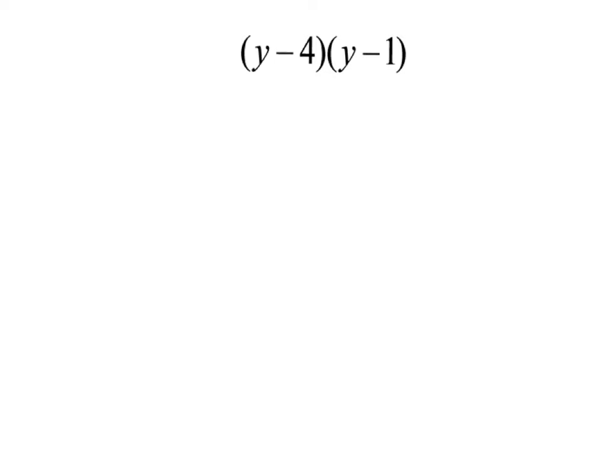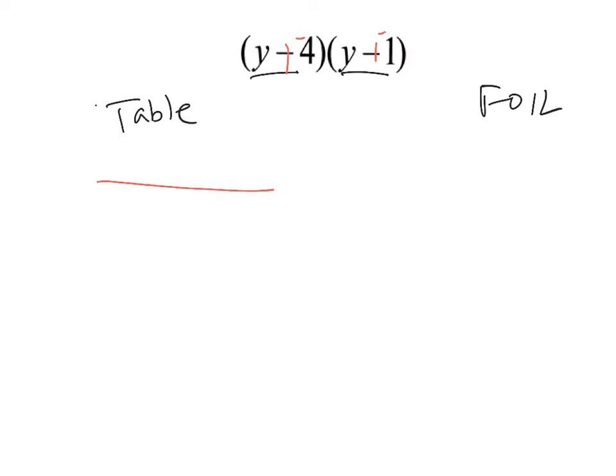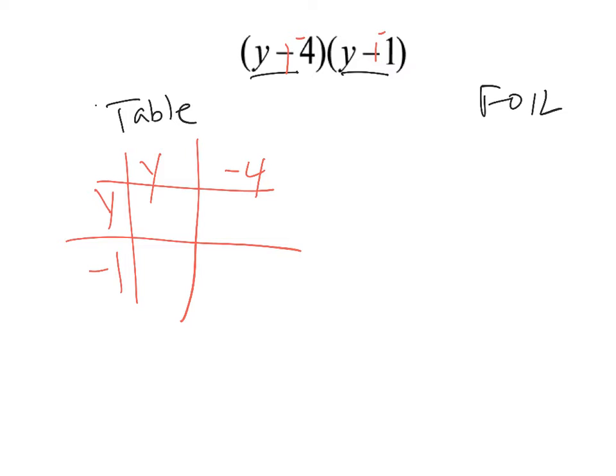Okay, here's your next one. I'm going to do table over here, and then I'm going to use FOIL over here. It's binomial times binomial. I do not want these minus signs, so I'm going to add the opposite. And along my table, I have y and -4. Then on my left-hand side, I have y and -1. So now I'm going to multiply. Y times y is y squared. -4 times y is -4y.